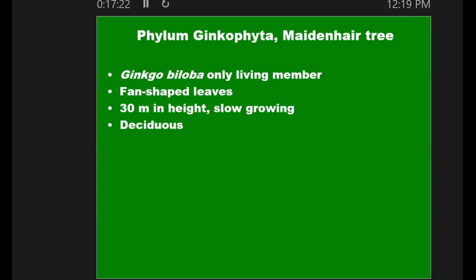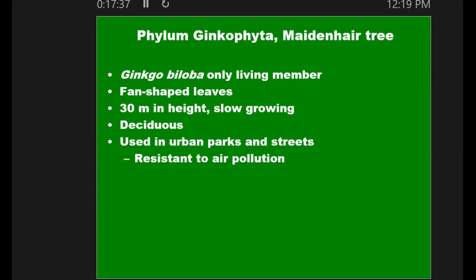Another weird thing is they're deciduous. I just got done telling you that needles are retained on the conifers. Ginkgo, on the other hand, has the strategy of dropping its leaves in the fall. That's kind of weird. They're useful for landscaping along city streets and in parks, especially in bigger cities, because they're pretty resistant to air pollution and they're very beautiful.